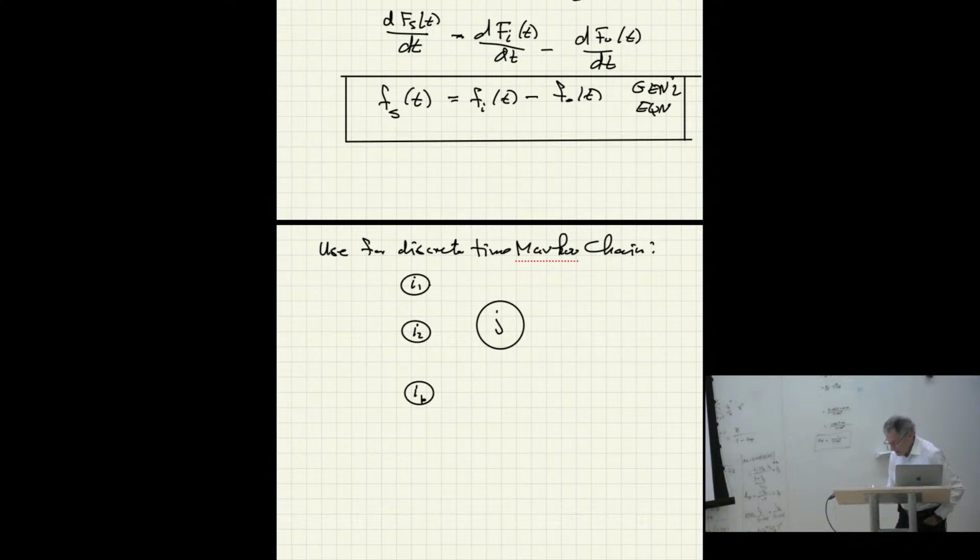Each of those is perhaps flowing some probability into this state j from somewhere in this chain.